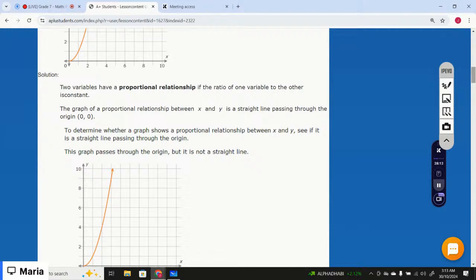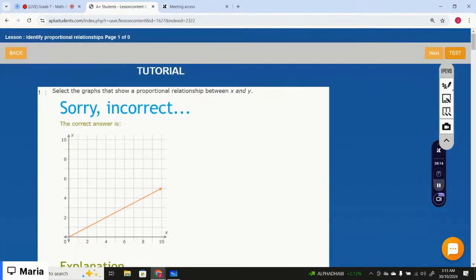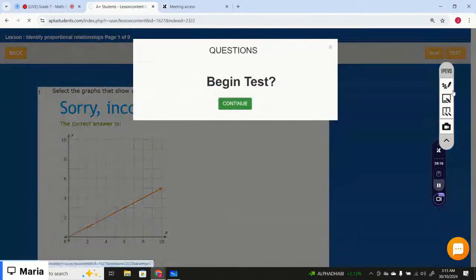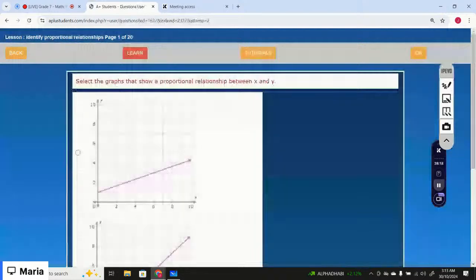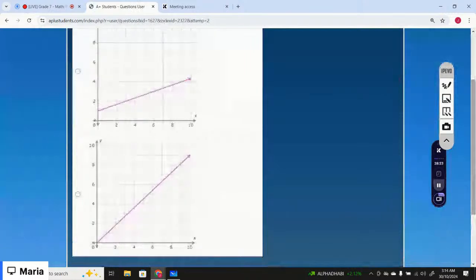Let's just start with the test questions. Select the graph that shows a proportional relationship between x and y. So you are given two graphs, which is the correct option?